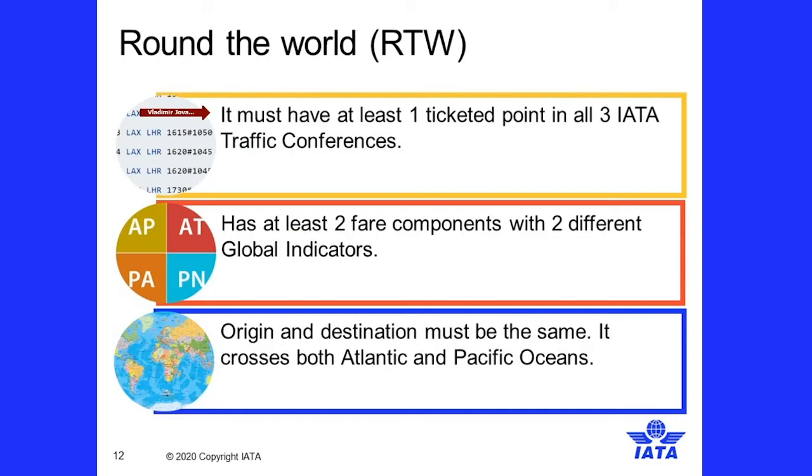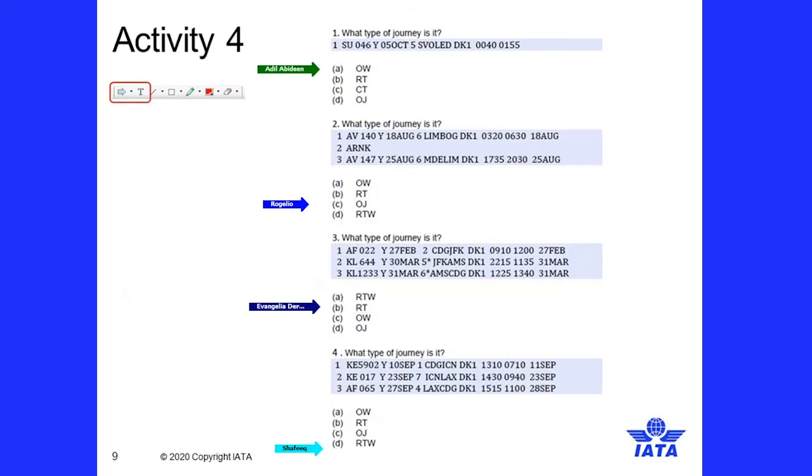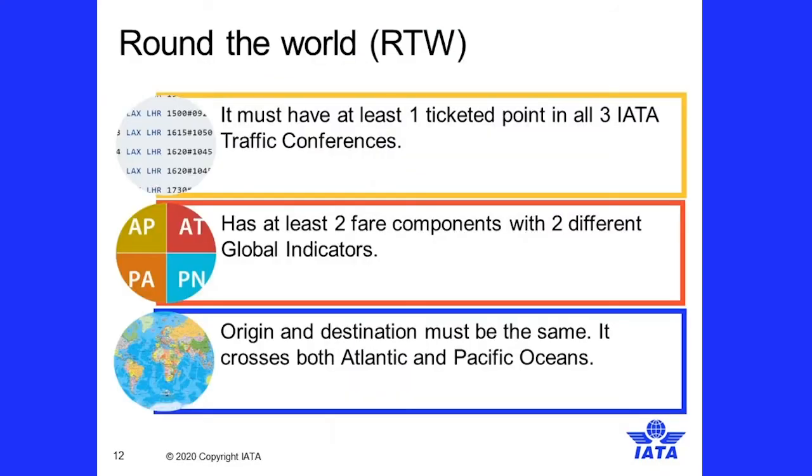It must have at least one ticketed point in all three IATA traffic conferences. So this one has Paris to Seoul, Paris number 2, Seoul number 3, then Seoul to LA, 3 to 1, and then 1 to 2. So we covered both of the oceans, and all three areas. At least one ticketed point in all three areas must be there.